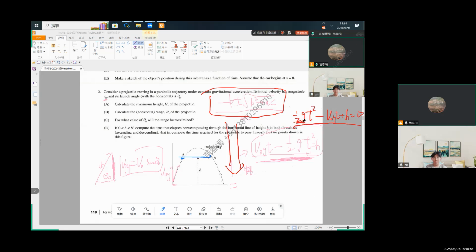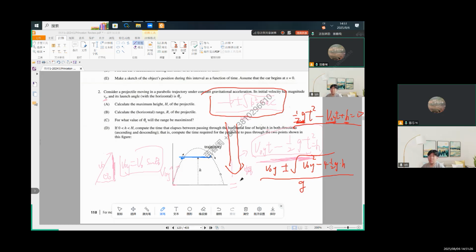This is a. 1 over 2 g is a. This is basically b. This is c, right? Yeah. How do you substitute? Negative v0y plus minus the square root of v0y squared minus 4 times half of g times h over g. Over 1 over g, which is g, right? Great.